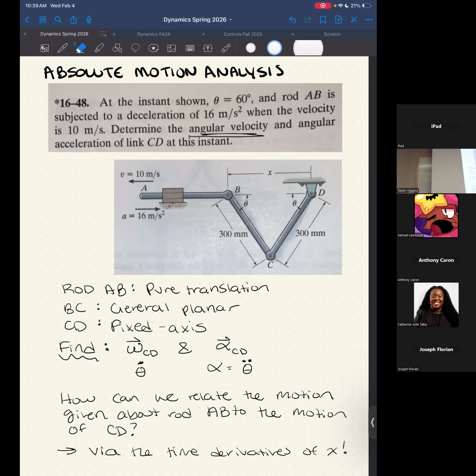The speed at which that gap gets bigger is the exact same speed. It lengthens every time it pulls up. So this quantity x, this distance between D and B, the time derivative of that value is equivalent to the velocity of B.